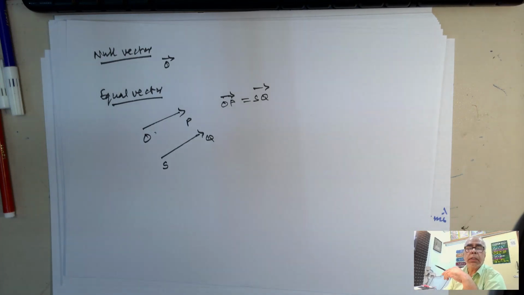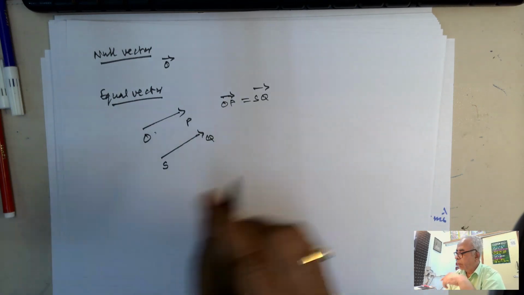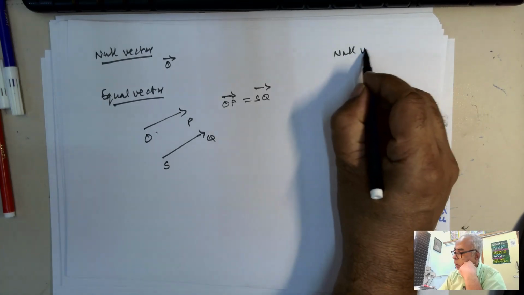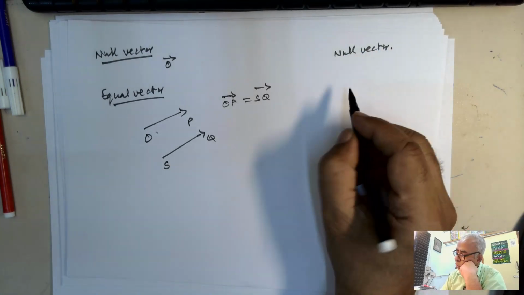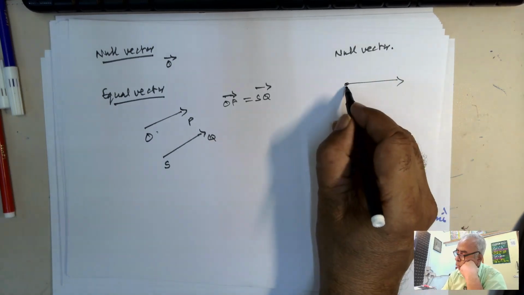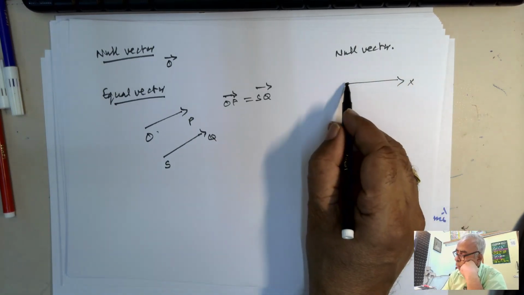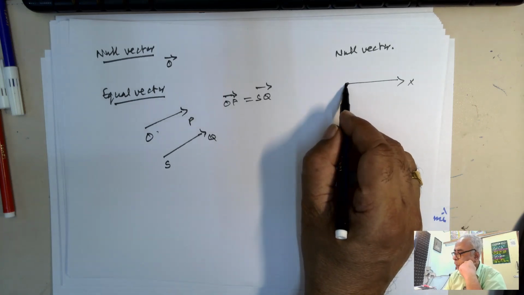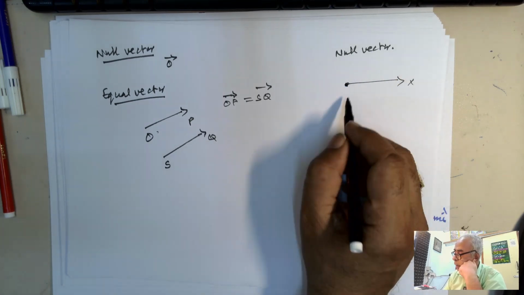Coming back to the null vector, for example, see, this is the origin. Now it is going to start towards the x-axis, but it has not yet started. It is at that position, but it can move in any direction.